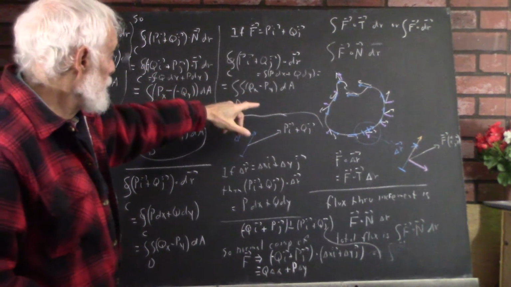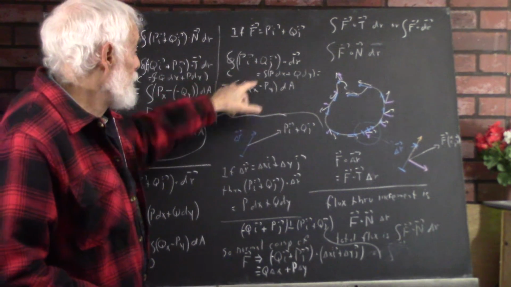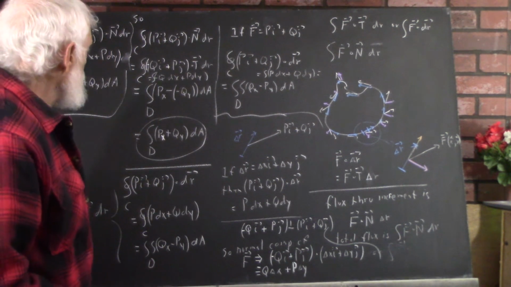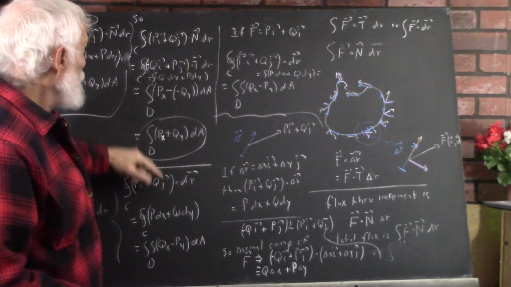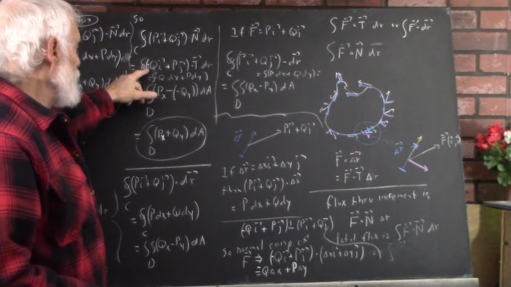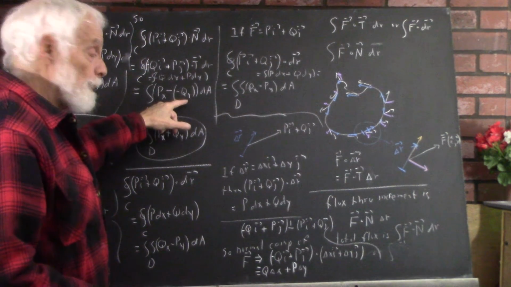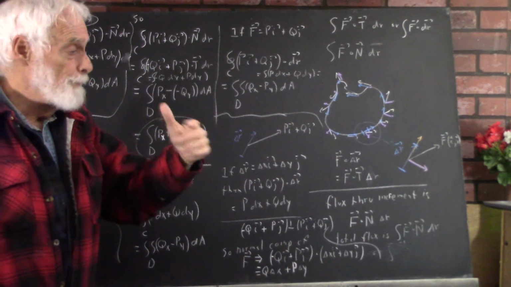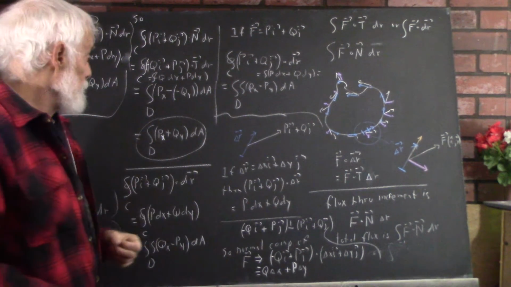So what you have here is the negative y derivative of the i component and the x derivative of the j component. The x derivative of the j component for the normal vector is this, and the y derivative of the i component is the y derivative of negative Q. And you have a minus here, just like you do over here, for all the reasons that we developed when we did the integral over the simple little rectangle.